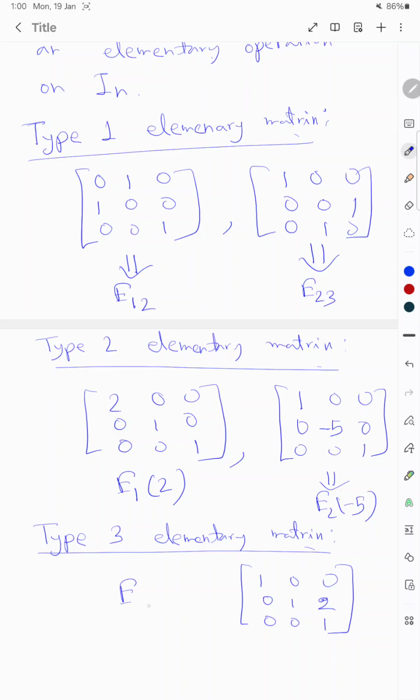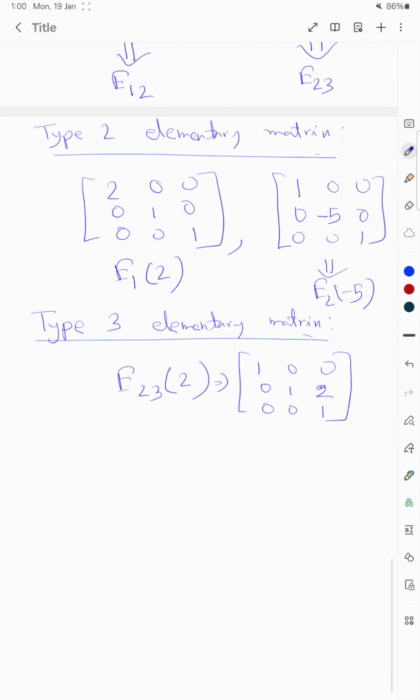What operation have you done? 2 3, right? Because you are doing R2 plus 2 into R3, so it is E23 into 2, this type of notation. Okay, this is the notation E23.